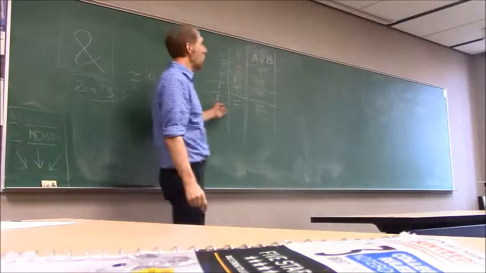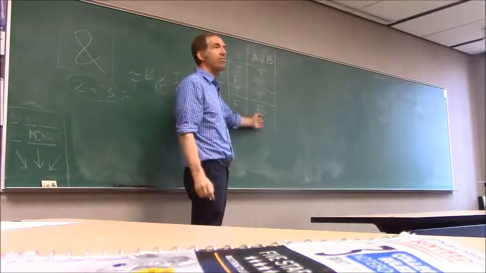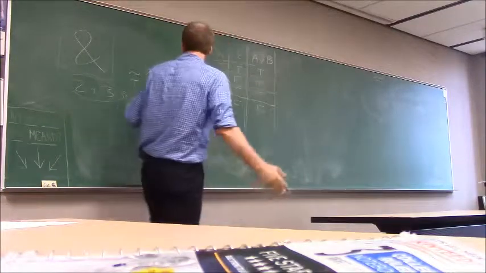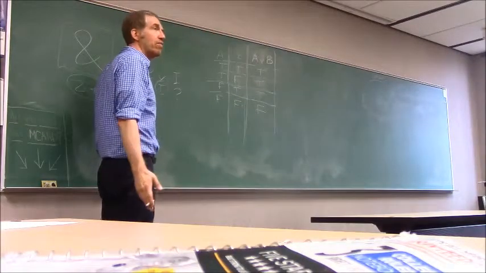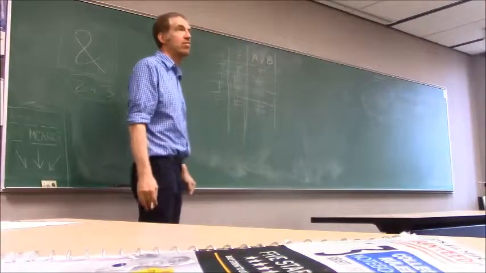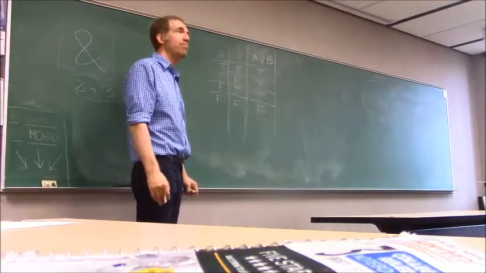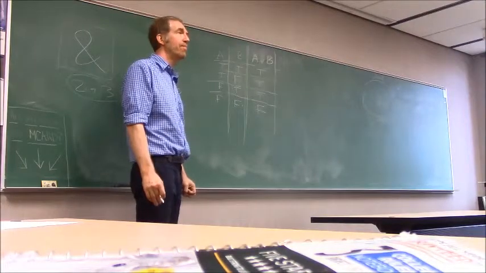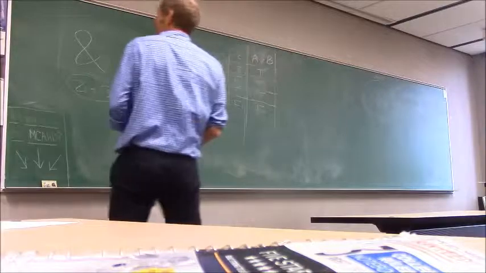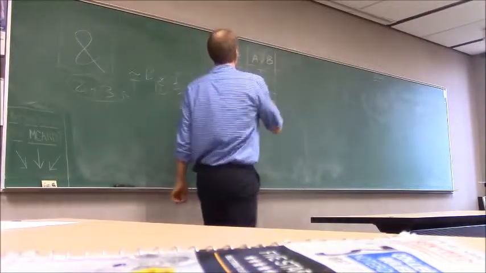Because there's only one way for an OR to be false, which is if they're both false. But as we know, that's not going to happen here. One of them is true. Then it's going to be one of these other three, and in those cases, it's all true. Okay? All right. Not necessarily exciting, but important stuff.